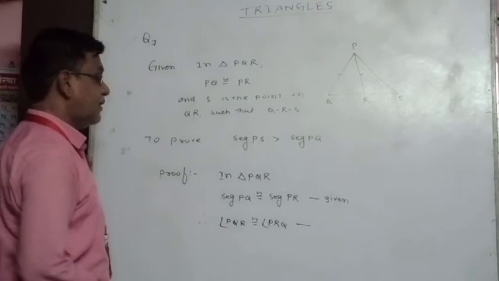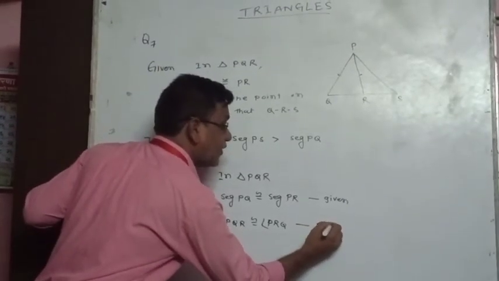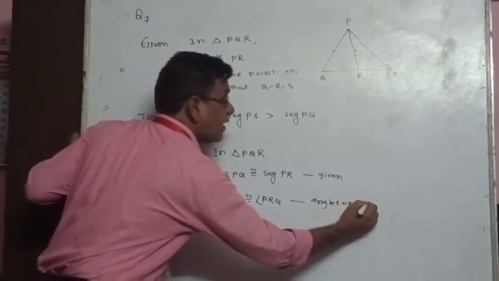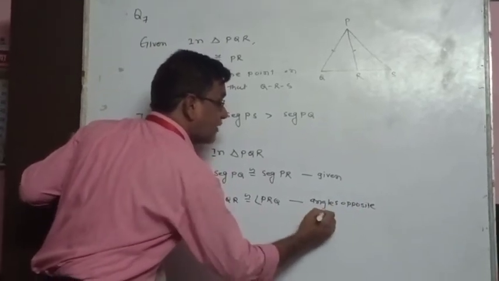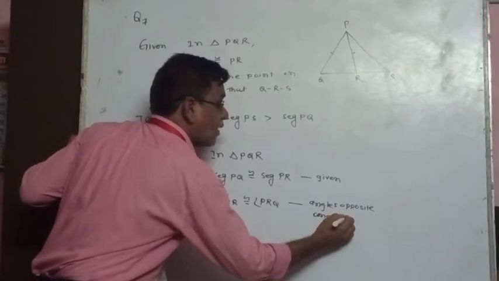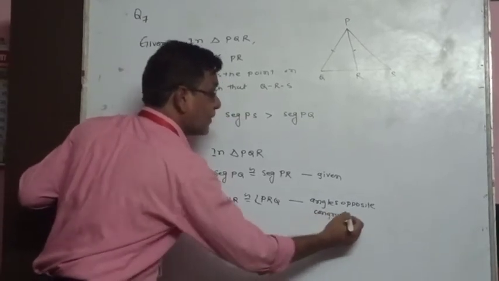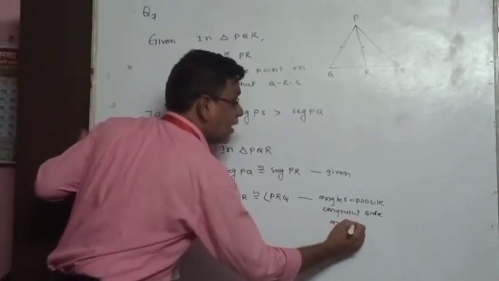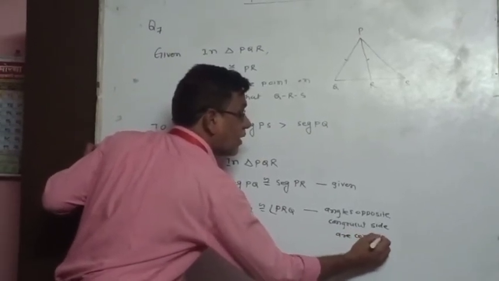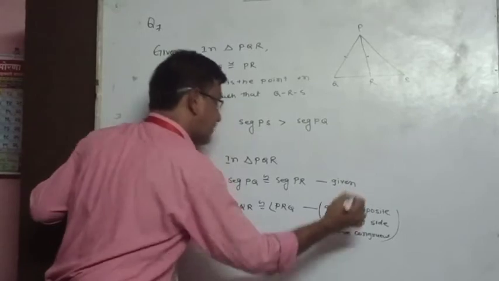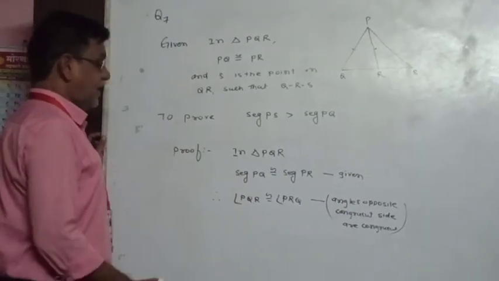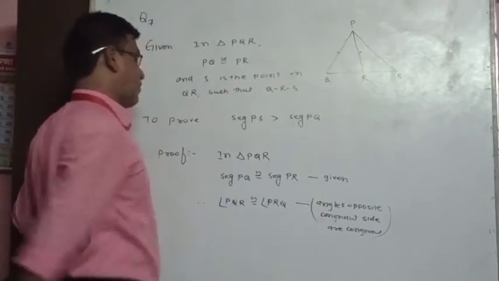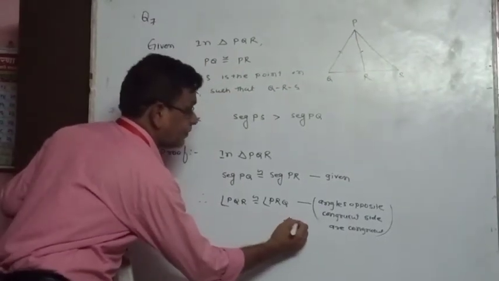The angles opposite to congruent sides are congruent. Okay, this is the reason. Now it means angle PQR is congruent to angle PRQ. Okay, this is equation number 1.